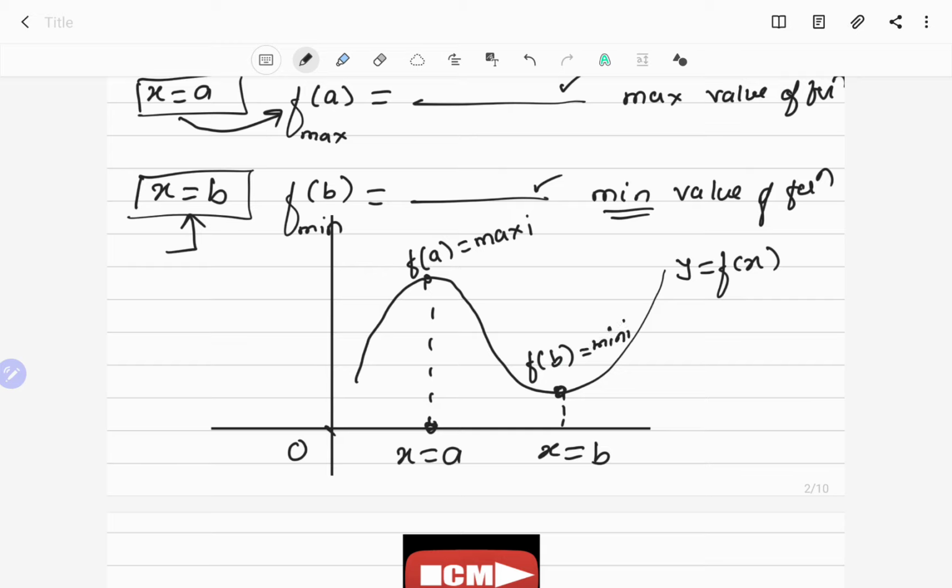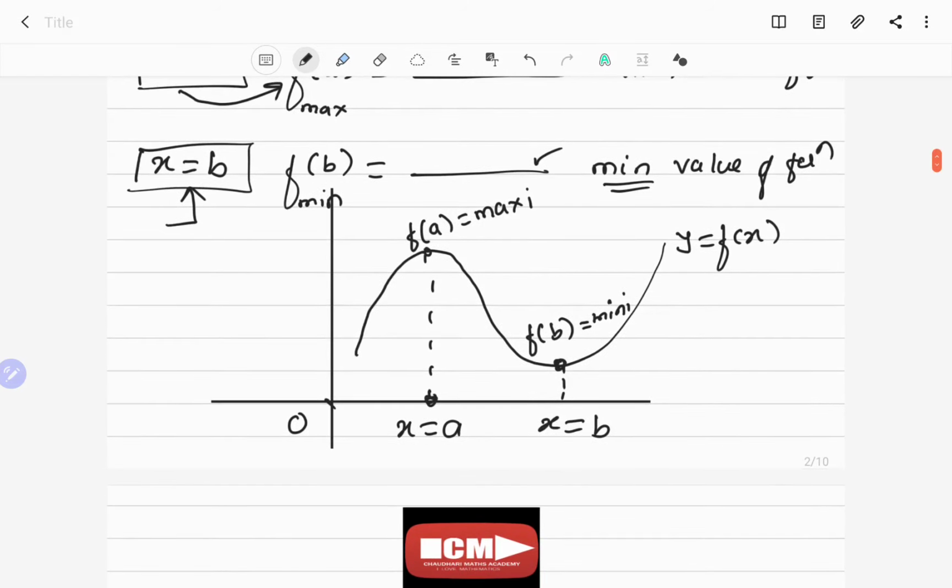So overall, without drawing a graph or plotting it on the coordinate axis, just on the basis of the first derivative and second derivative, we can draw simple conclusions about where exactly this function is maximum or minimum.